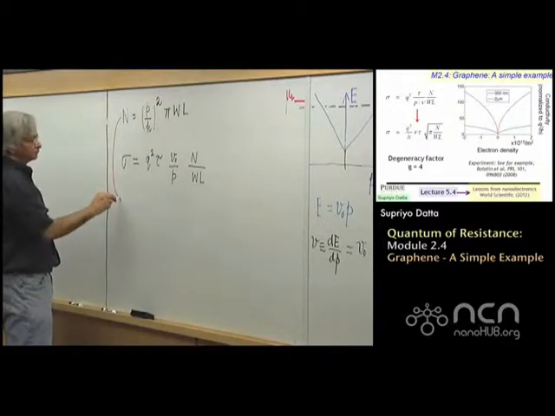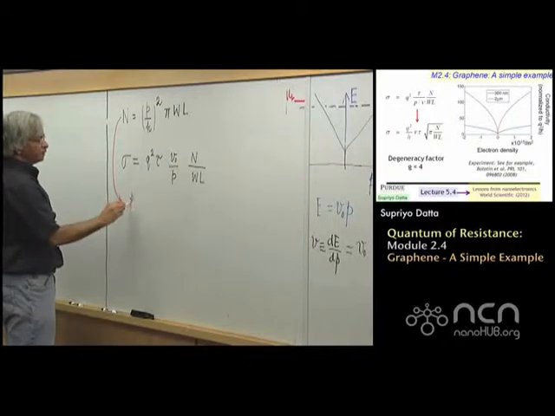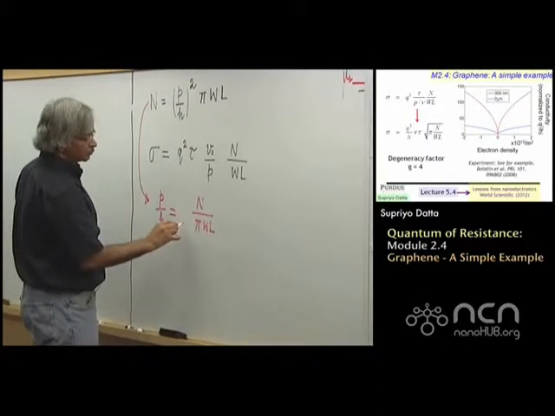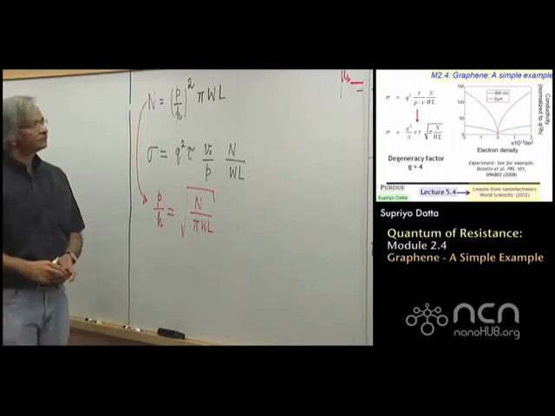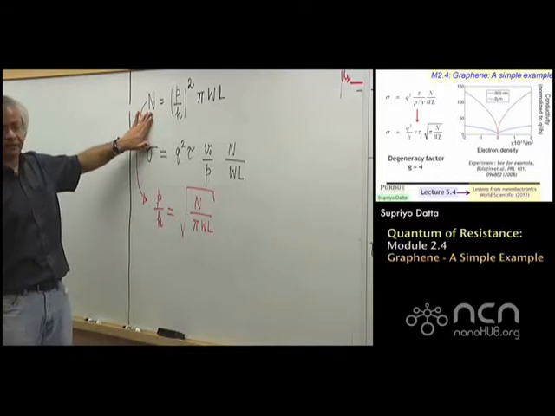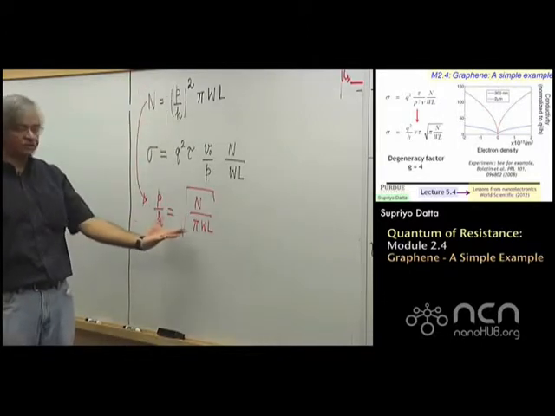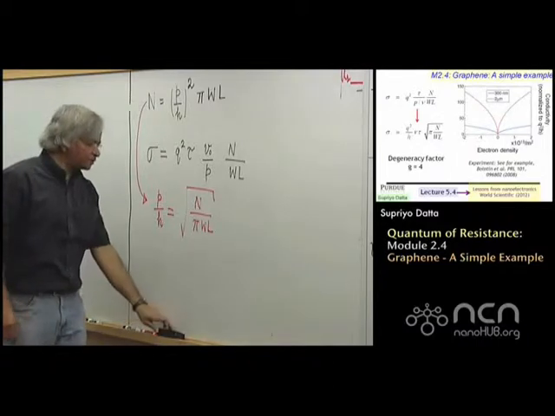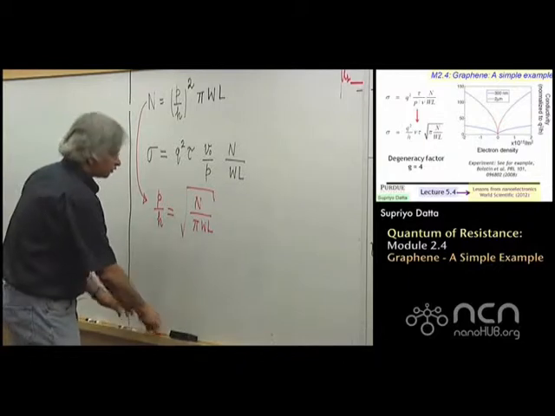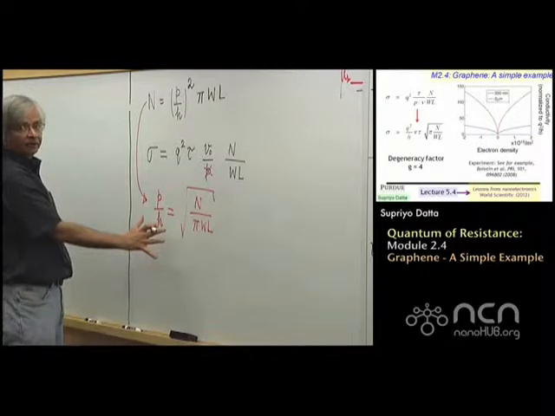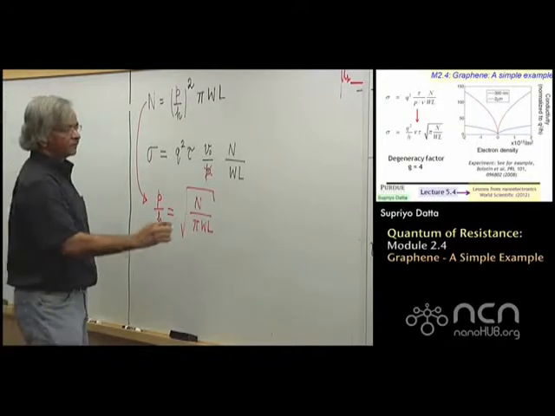The way that would go is, from here, I can write P over H is equal to the square root of N over pi WL. All I did is P over H squared is N divided by pi WL, and then I take the square root on both sides. So instead of this P here, I take off the P and replace it with what I have from here.